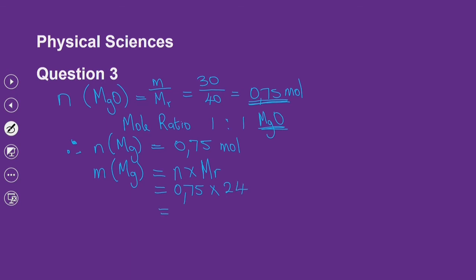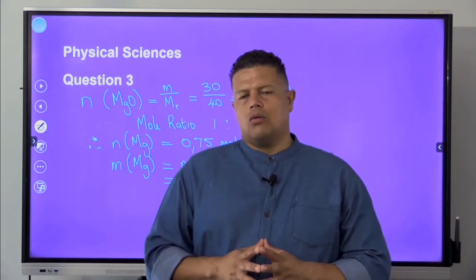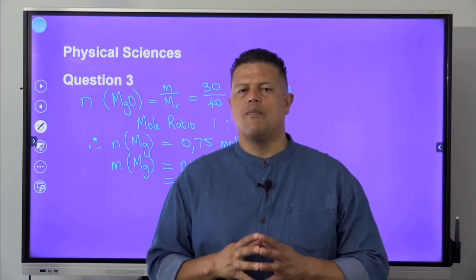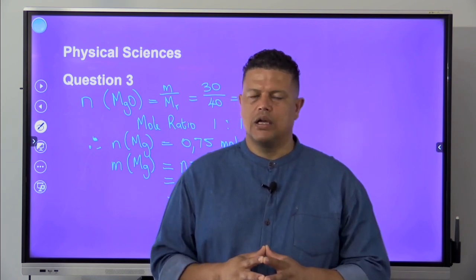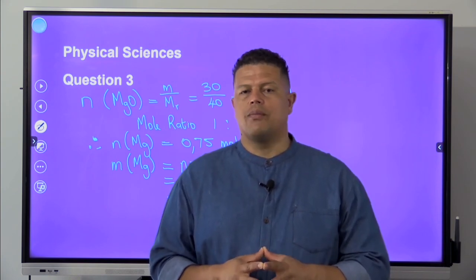Therefore, the mass is 18 grams. So we've determined now, using the mole ratio, what mass of magnesium is required to yield 30 grams of magnesium oxide.